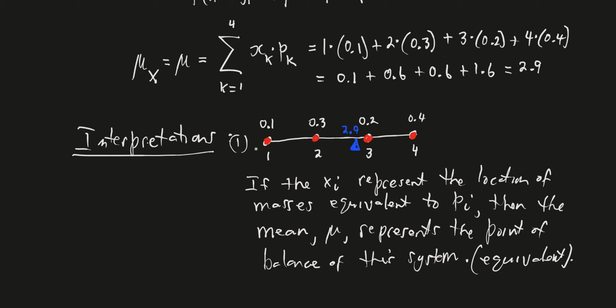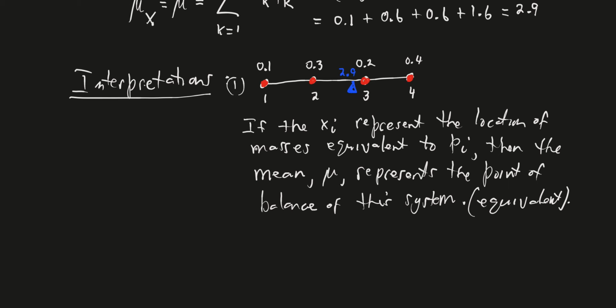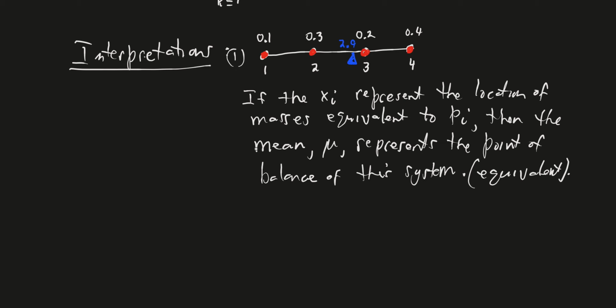The second interpretation is more of a statistical one. Now remember, the whole idea of probability is based on a random experiment, right? And what we're saying is we have an experiment and we associated all the outcomes with these numbers.